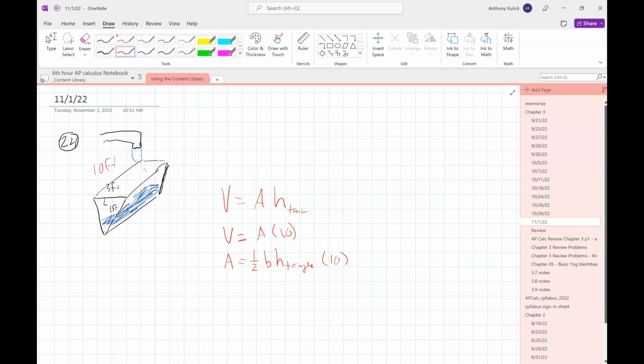Now, the base and the height of the triangle, that's one way of doing it. What's another way we could calculate this, though? Wouldn't base just be... You remember this area formula for a triangle, 1/2 AB sine C?